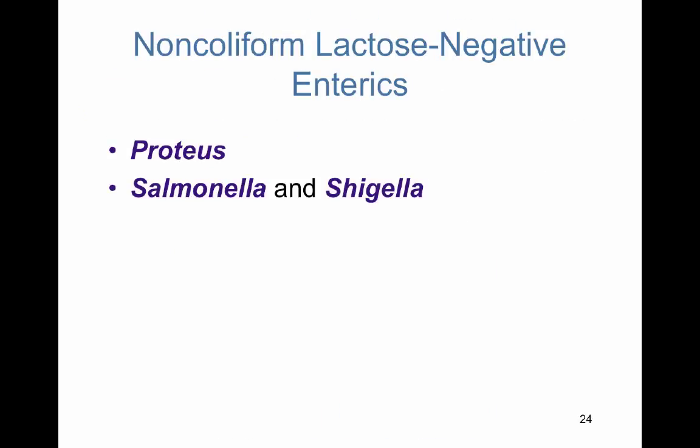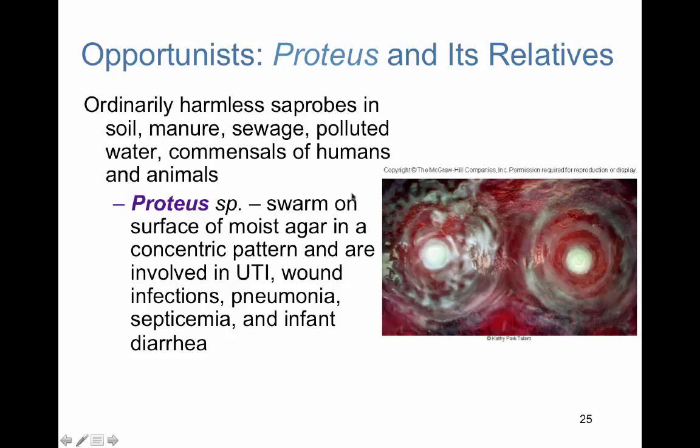So those were the coliform enteric. Now the non-coliform lactose negative enteric, which would be Proteus, Salmonella, and Shigella. So Proteus is another one that's associated with a lot of opportunistic infections. Normally it's harmless.